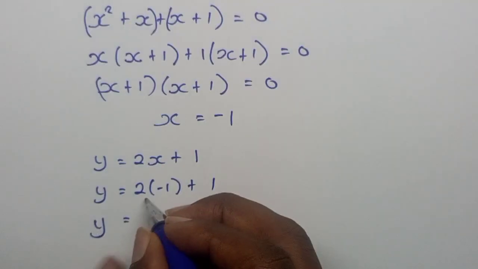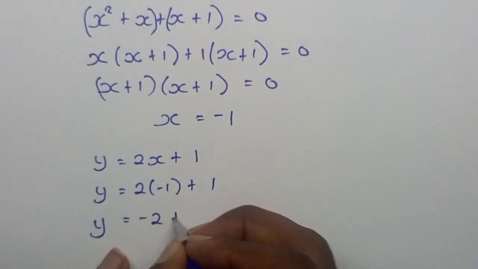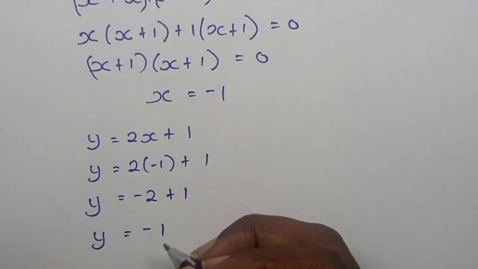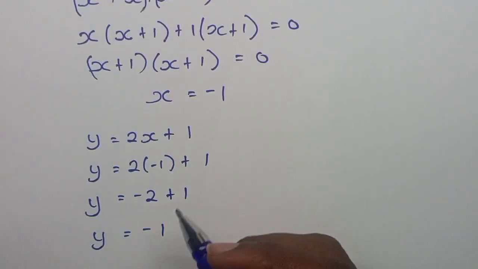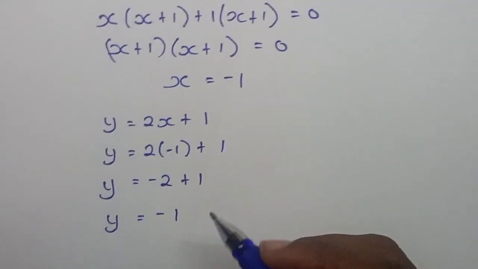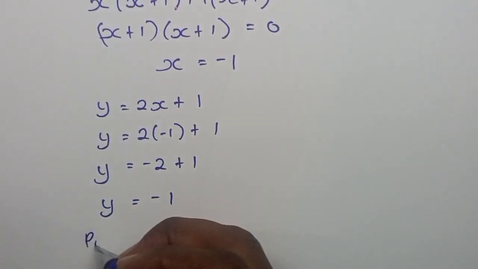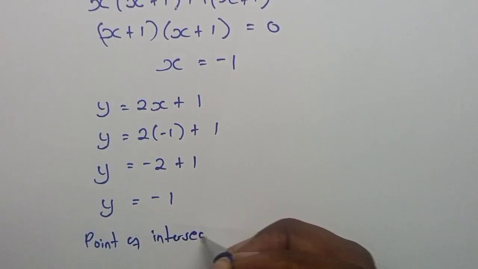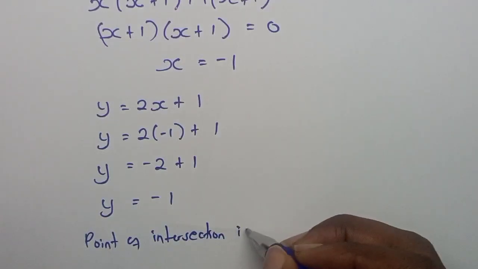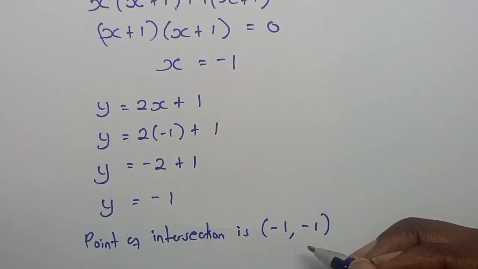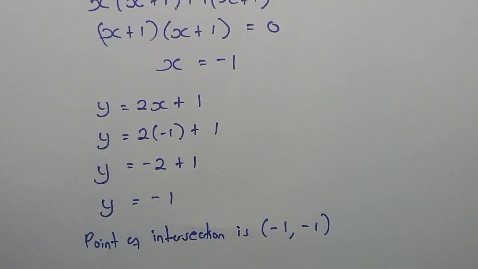And therefore, y is equal to -2 plus 1. Therefore, y will be equal to -1. So we've got the point of intersection: x is -1 and y is -1. Therefore, the point of intersection is (-1, -1). So that's how you work with a discriminant.